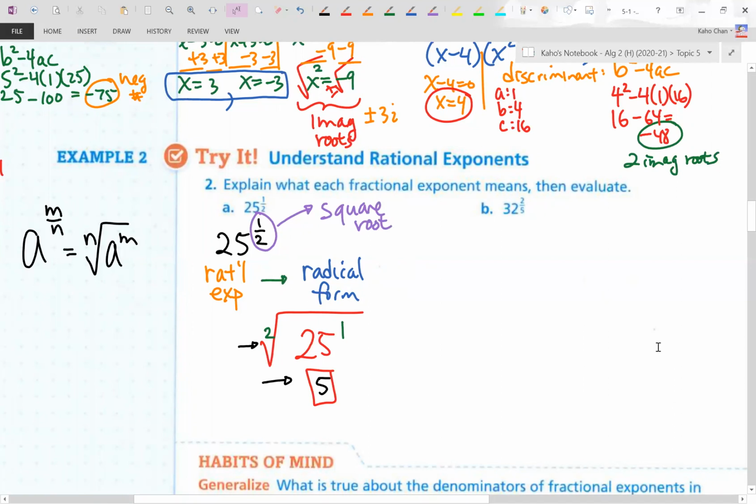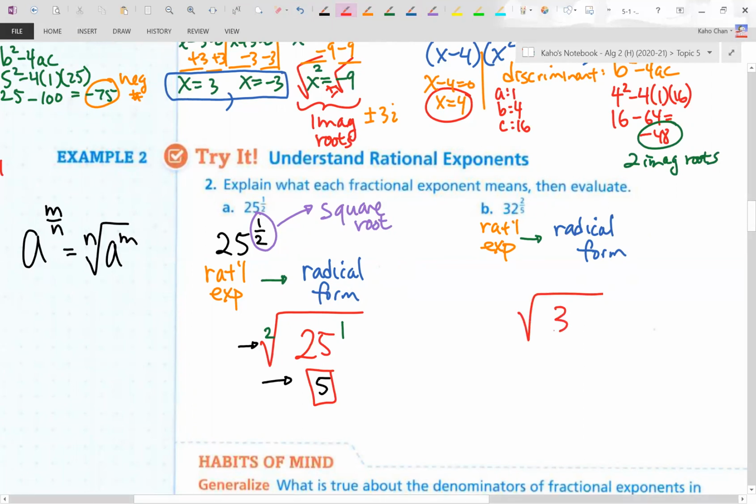32 to the 2/5 power. It's, of course, in rational exponent form or fraction power form. Let's convert it to radical form. Here we go.